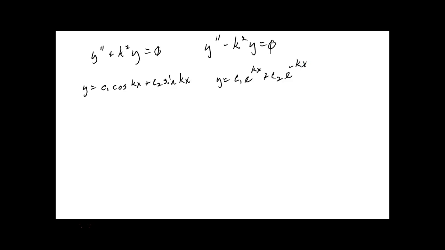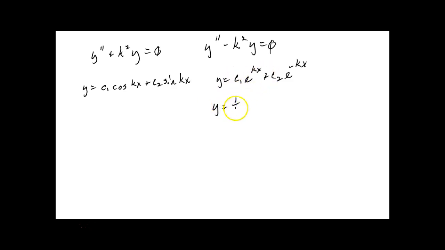Now, here they do this sort of crazy thing they've done before. Notice that if we choose C1 equals C2 equal 1/2 in the second equation, we get a particular solution. This is what they're going for, and so I'm not too happy with it.